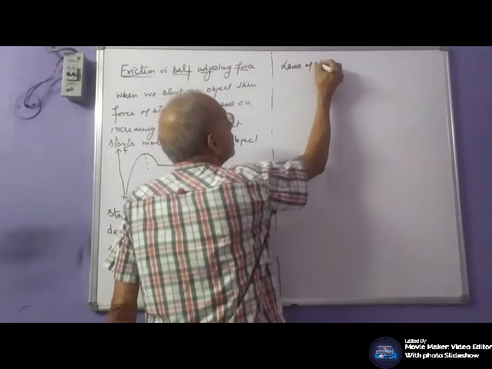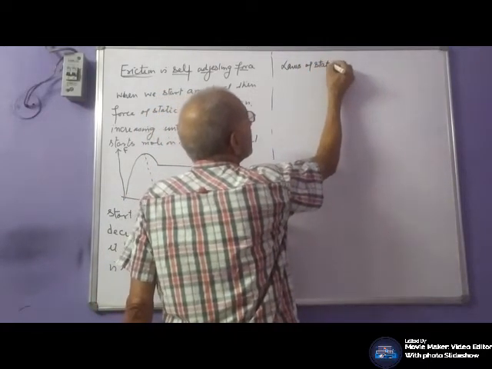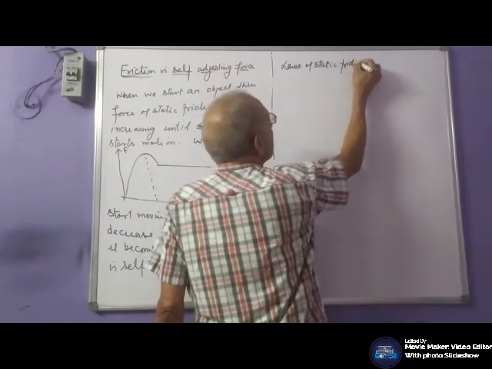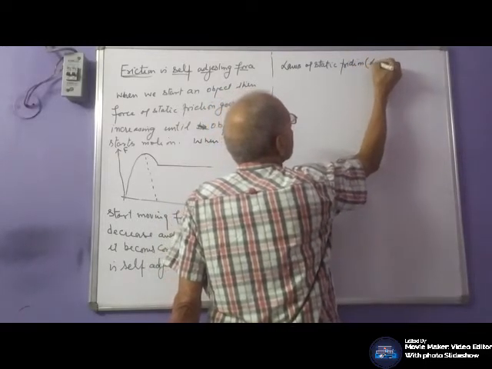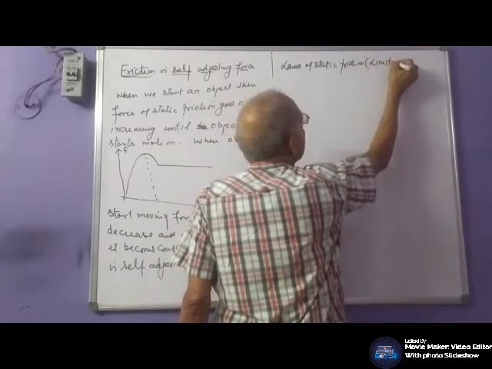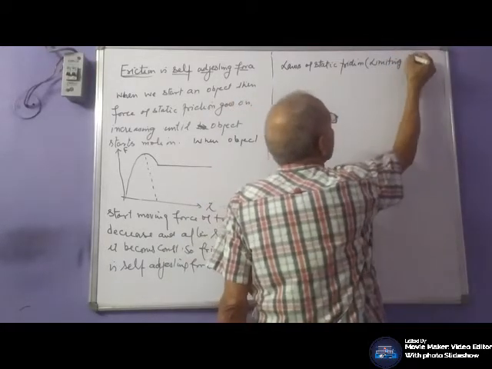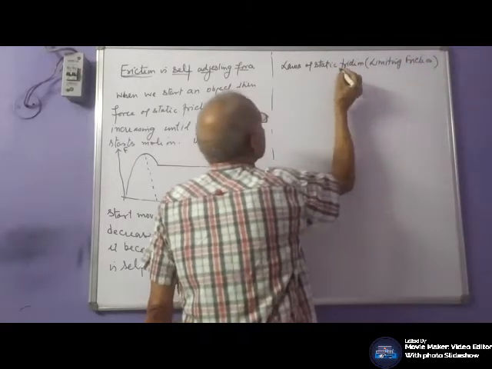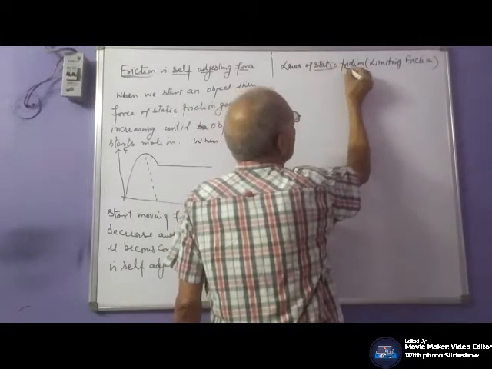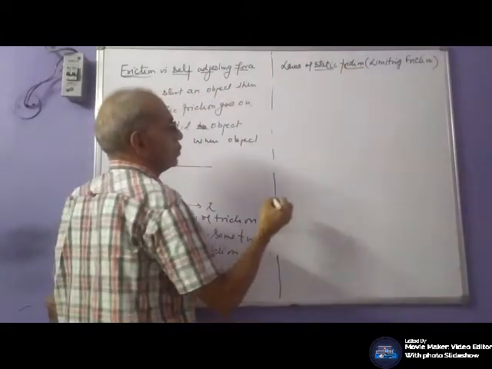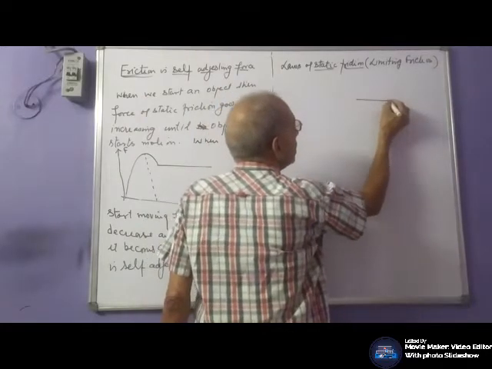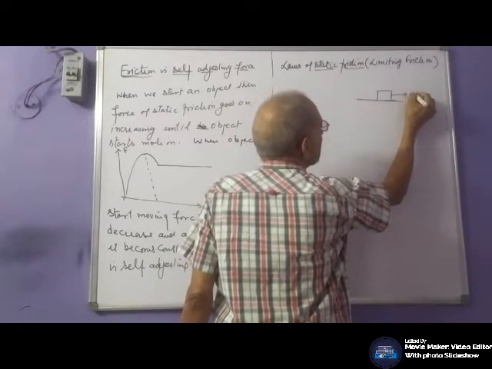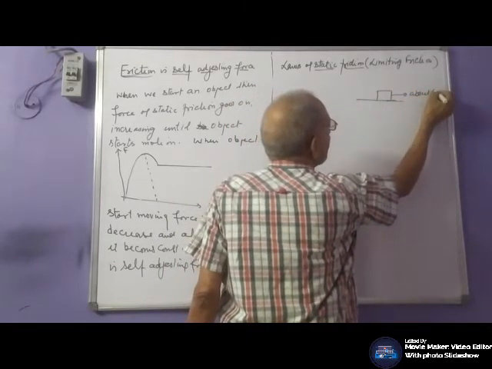Laws of static friction. Limiting friction. Static, no motion. This is an object, this is another object, this object is about to move.